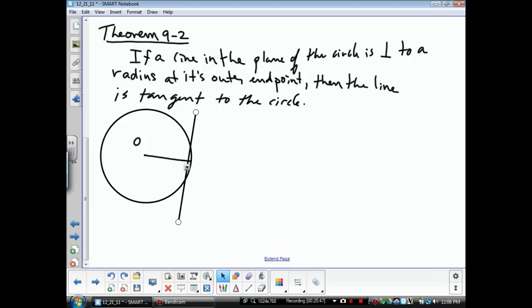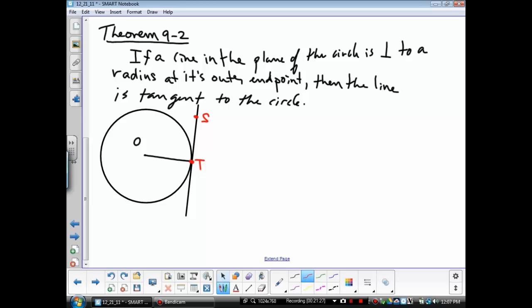I know I'm not centered here, so of course I don't draw things exactly right. But does that kind of look like it's perpendicular to the radius at its outer endpoint? Okay. So now, we're going to call that point T, very common to call a point of tangency T, and we'll call this point S just so we can name the line.